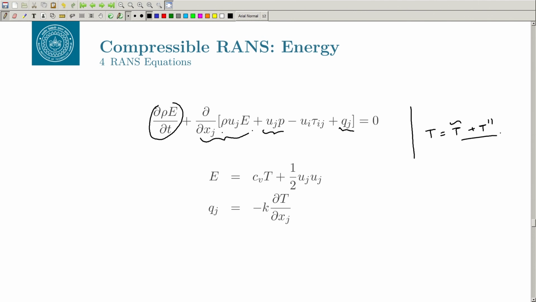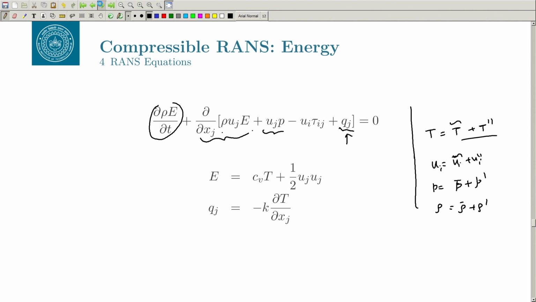So, you will have additional terms appearing, because first we will use these decompositions, e bar plus e prime and so on, and ultimately we take a time average of that.